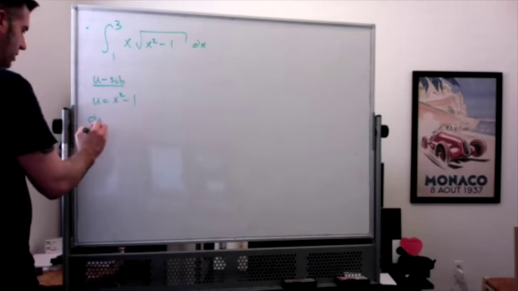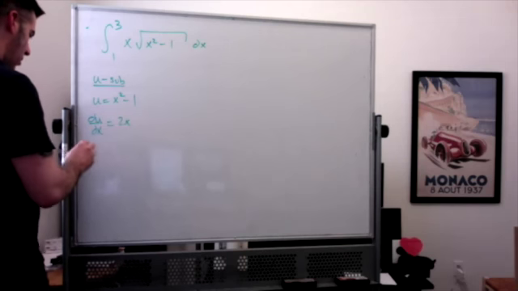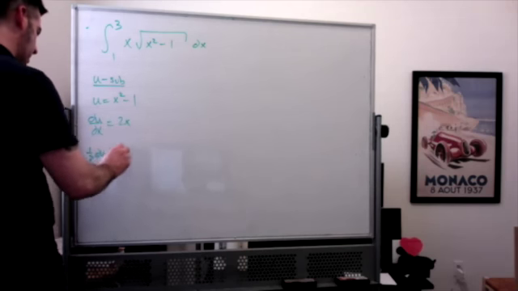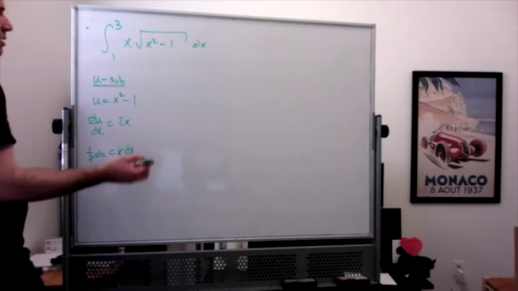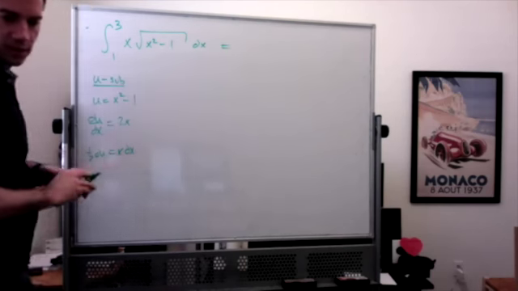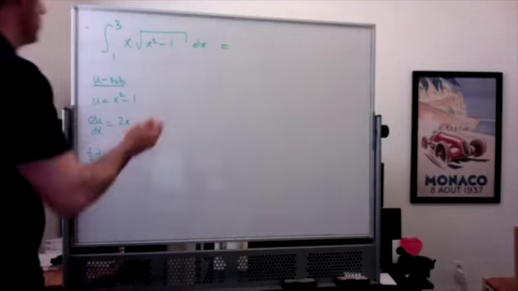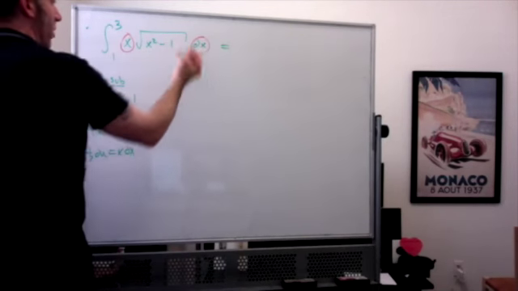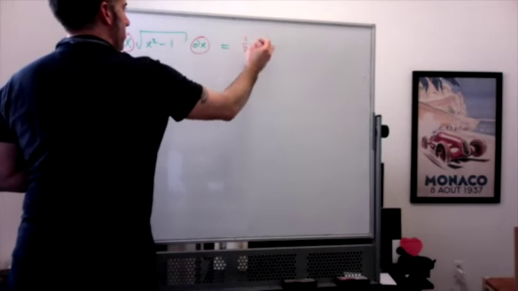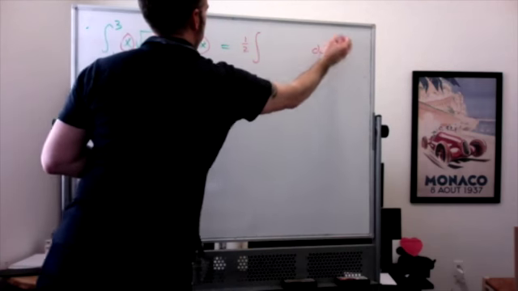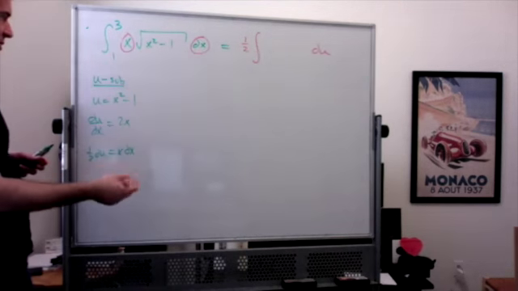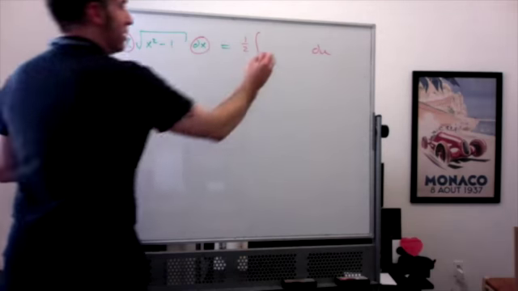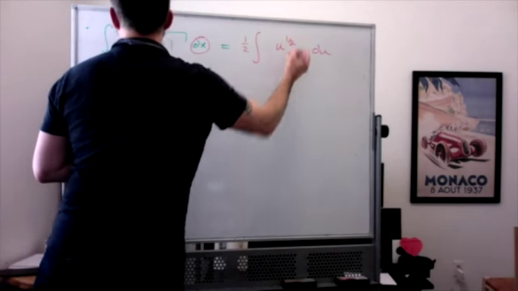du/dx is 2x. 1/2 du is x dx. So my x dx, that's my 1/2 du. And then the square root of x squared minus 1 is going to be the square root of u, where I'm going to write u to the 1/2.